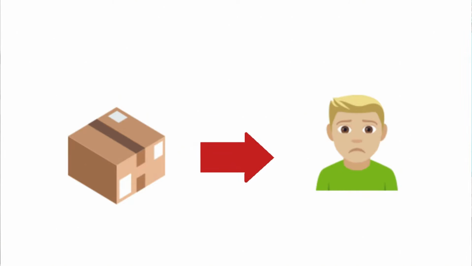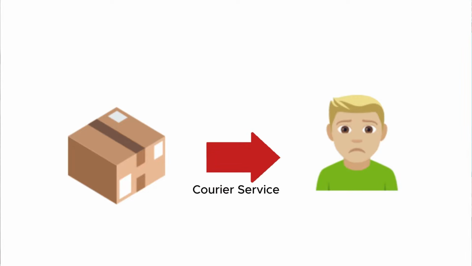So let's now discuss an example to lock in the concept of data structure here. So consider you want to send a parcel to your friend somewhere else, and you have to make use of a courier service. So the courier service here is the application. You have to give some data to the courier service in order for the courier service to deliver your package to the desired location. So just think about it. What are these data?